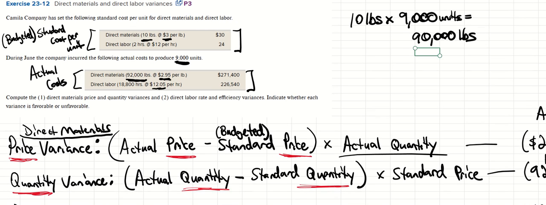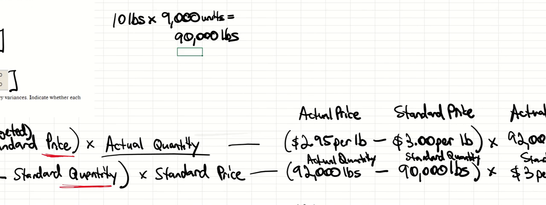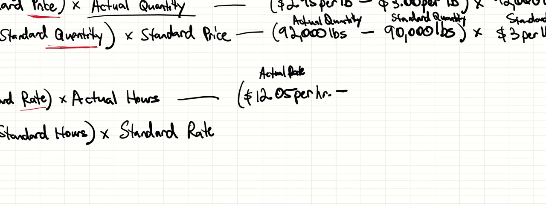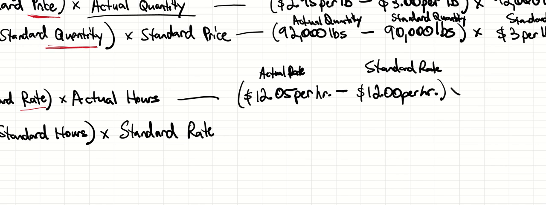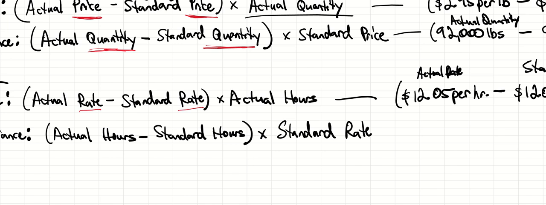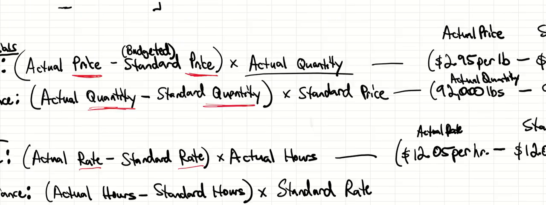And for direct labor, for standard, that's going to be $12 per hour. And that's our standard rate. And we're going to multiply it by the actual rates, not actual rates, actual hours.